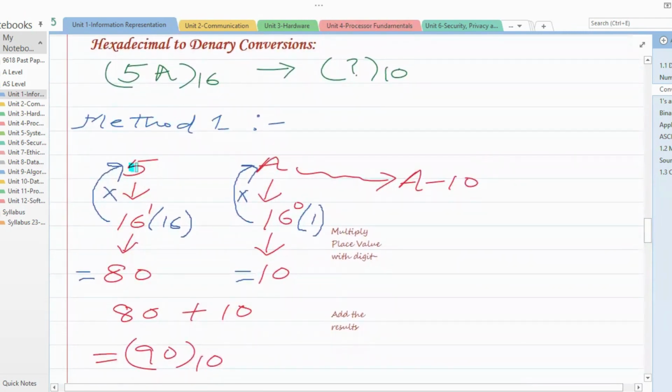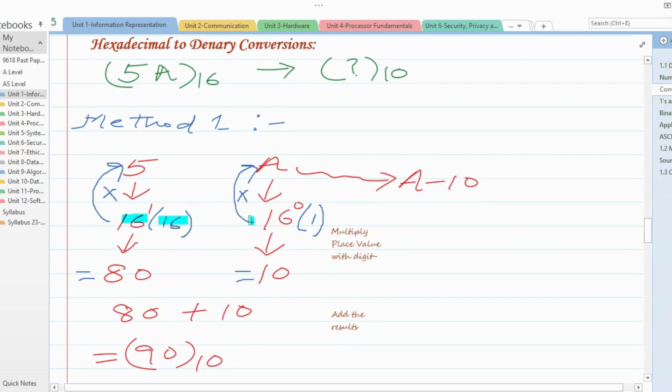Okay, so as part of the first method, we write the number first, the individual digits of the number as they are. Then we write their place values. So 5 and A we have written, and their place values we have written. Now we'll multiply each place value with the individual digit. So 16 raised to power 0 is 1, and this place value is 16 raised to 1, which is 16.